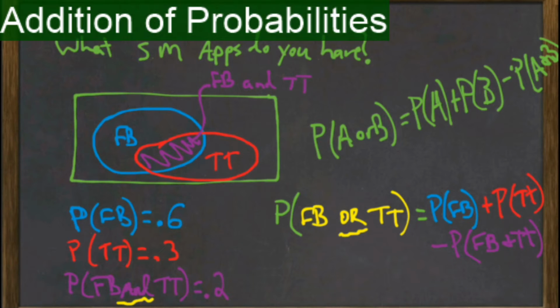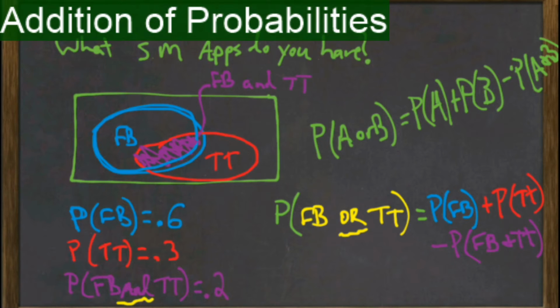So when we put in the Facebook group here at 60%, if we then add the 30%, we total 90%. But some of those people, specifically the purple in here, are getting double counted, right? They are in both the 60% and the 30%. So we need to subtract that off just once.